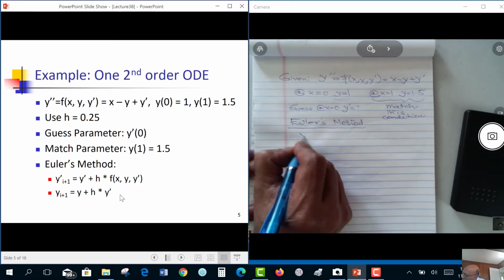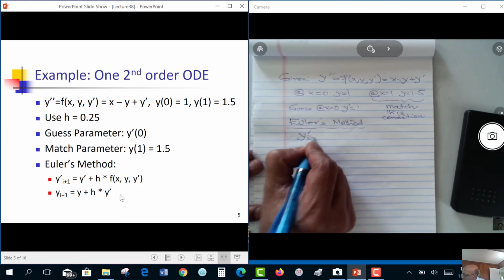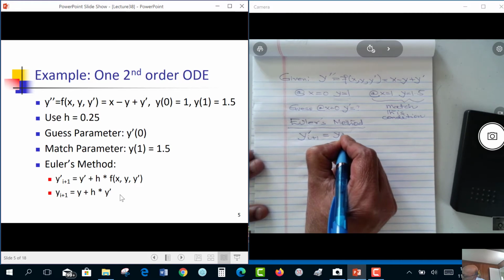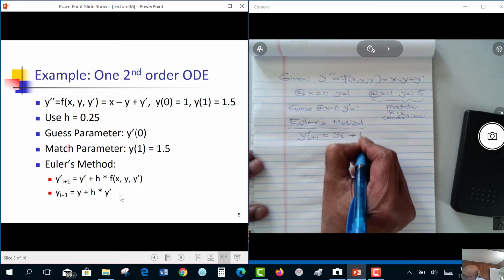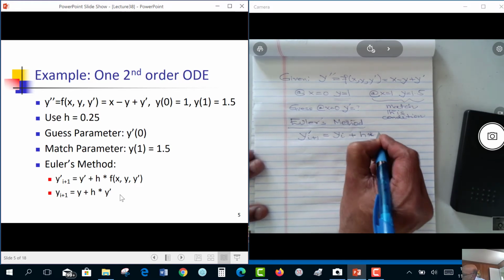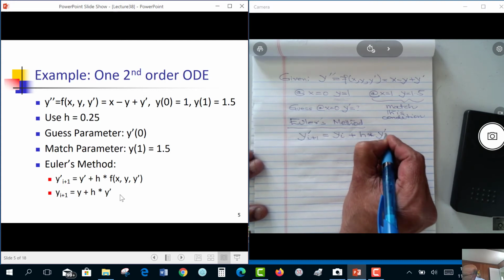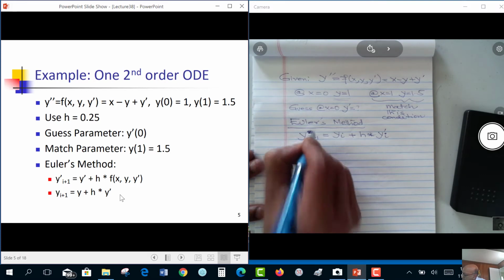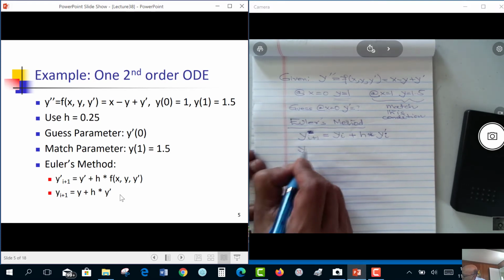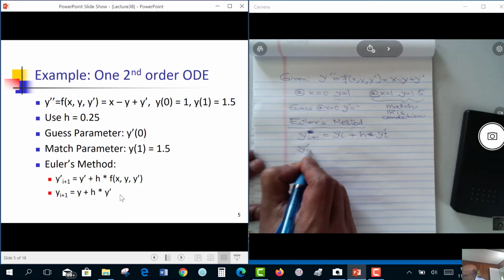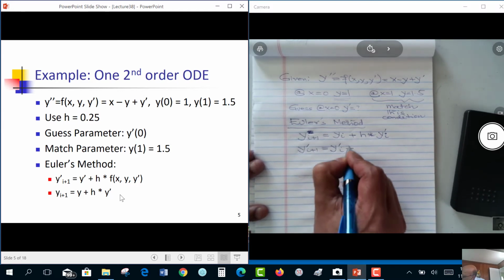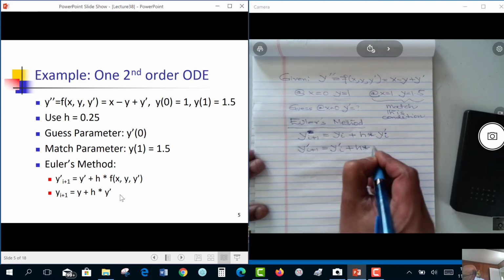So in Euler's method, we know y(i+1) is yi plus h times y prime i. Sorry, this is for y. For y prime, y prime (i+1) is y prime i plus h times the function.